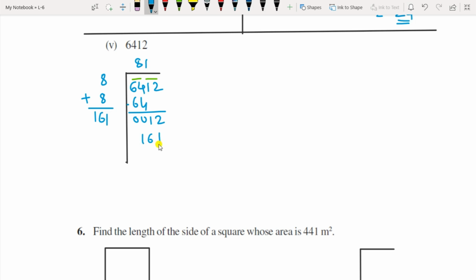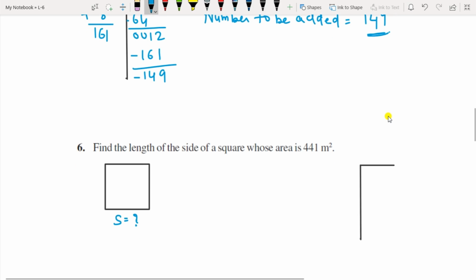On subtracting, you get the answer 149, with the minus sign. So the number to be added is 149. This way you can solve question number 5.